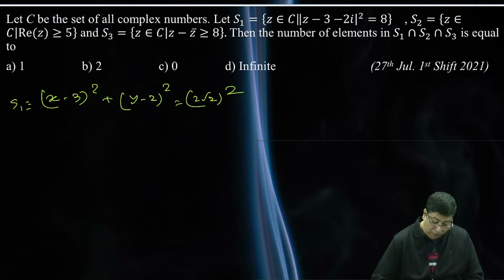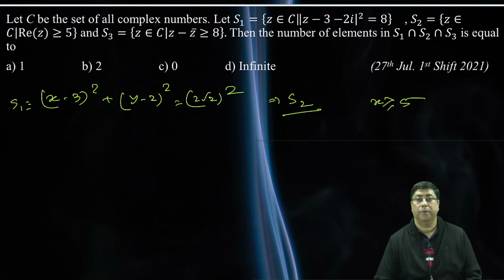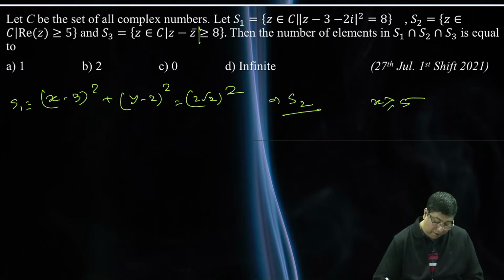For S2, we can say all real z greater than equal to 5, it means all x greater than equal to 5. For S3, mod of z minus z bar means 2iy, greater than equal to 8, so mod y greater than equal to 4.